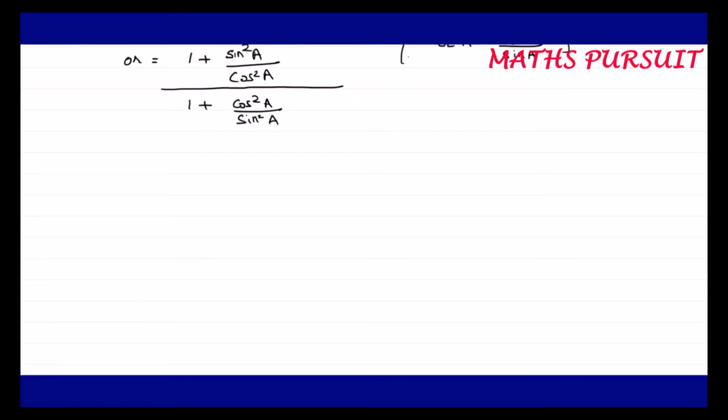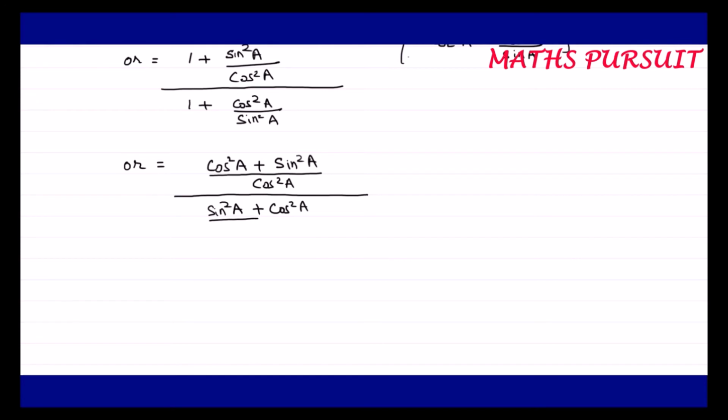Taking cos square a as the LCM, I can write the given expression as cos square a plus sine square a upon cos square a, divided by sine square a as the LCM, plus cos square a upon sine square a. Guys, we very well know that sine square theta plus cos square theta is equal to 1.